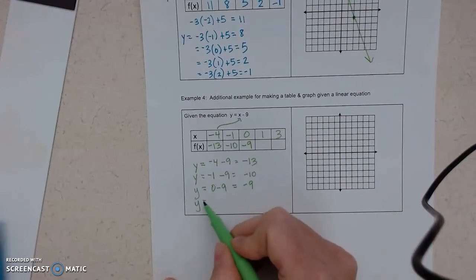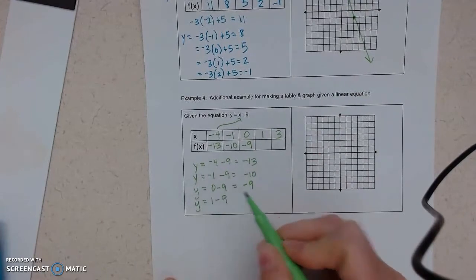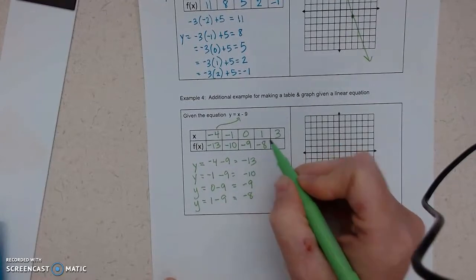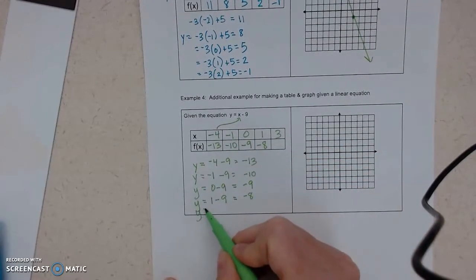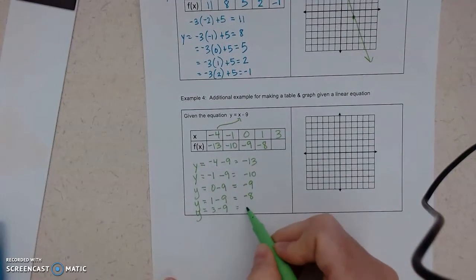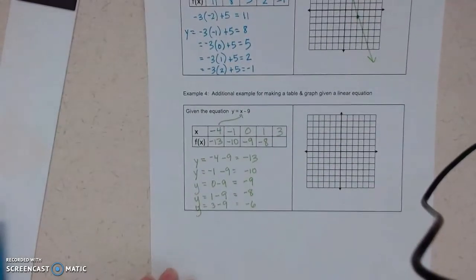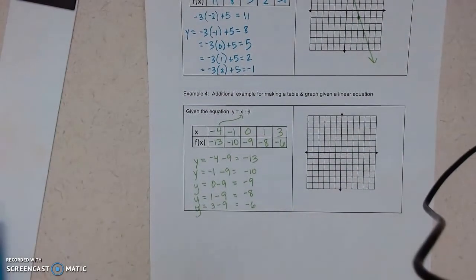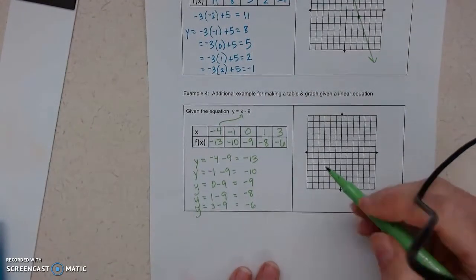If x equals 1, and on my last example, so most of those are going to be off the graph, but that is fine. So don't be worried about which x values you pick. They will still make a line if you substitute them correctly.